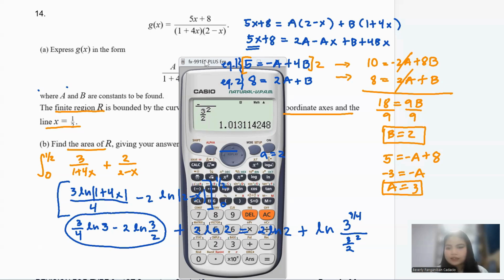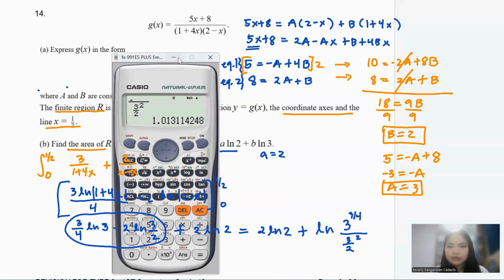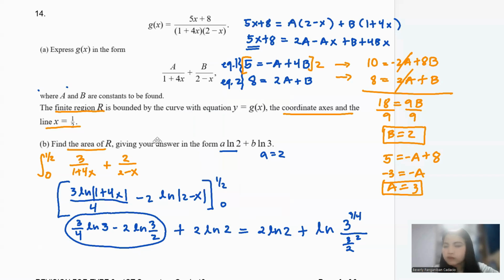There's a b ln 3, so we need to have a b. Okay, I thought I was going to have only ln 3 there. Okay, where's my ln 3? Oh, ln 3. Okay, let me erase that one. Erase this.